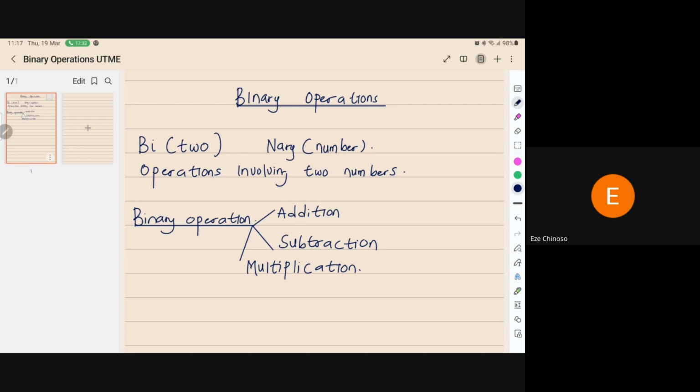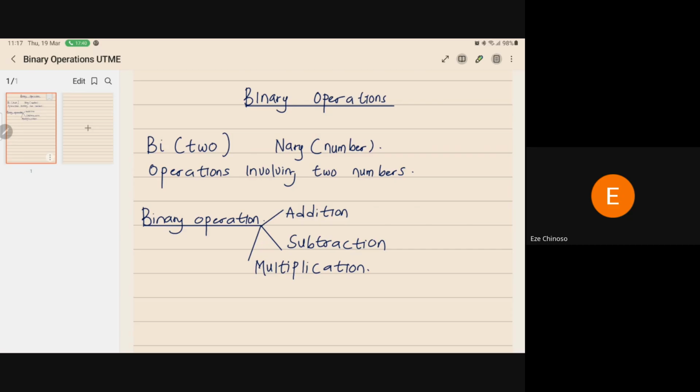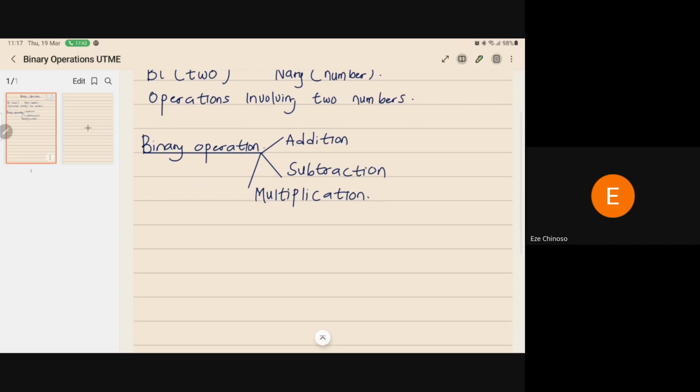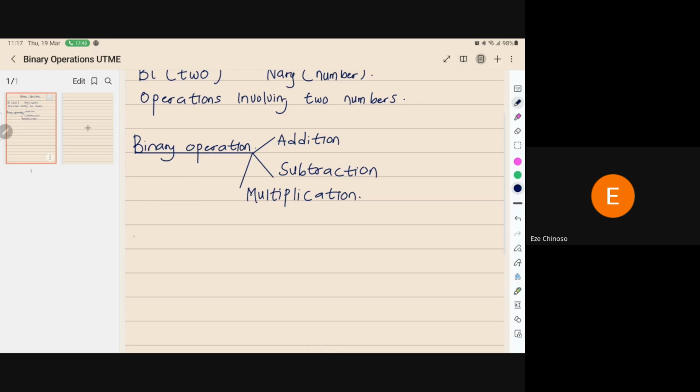And now for us to fully understand binary operations, we have to know about the types of numbers. What are the types of numbers that we have, right? So for us to fully grab our binary operations, we must look at what? The types of numbers.